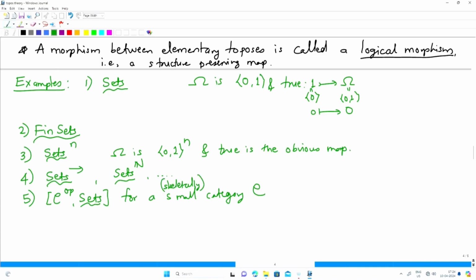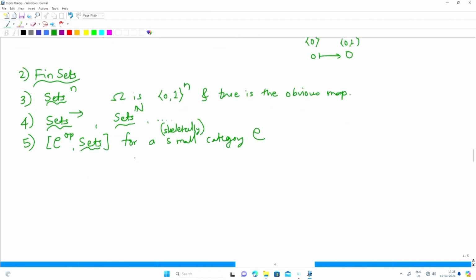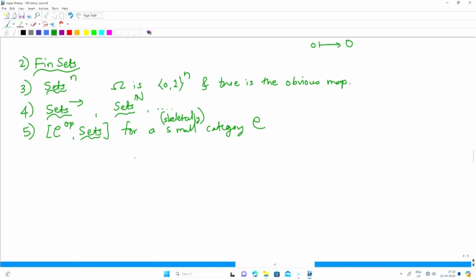We defined a pre-sheaf as just a contravariant functor on a small category. So the pre-sheaf category is an elementary topos. Okay, we have to verify a few things here. Is the category of small categories also a topos? The category of small categories is not a topos. No. It won't have a subobject classifier for sure.